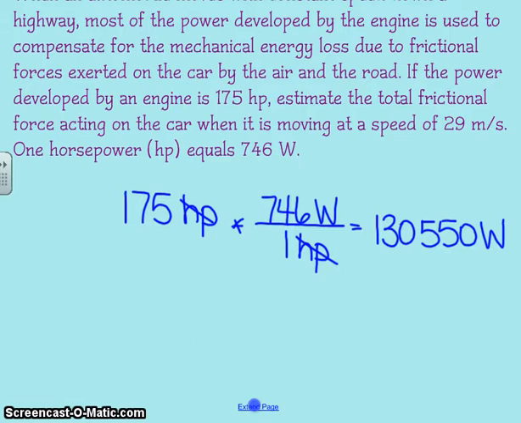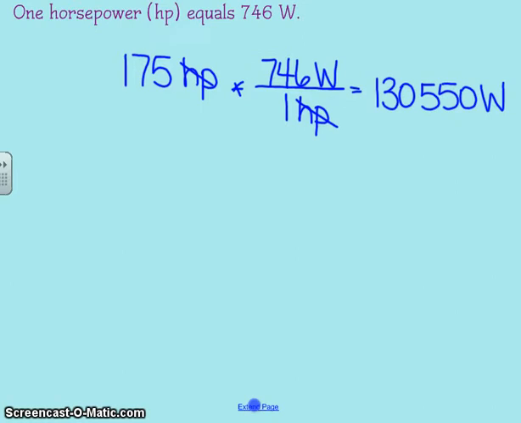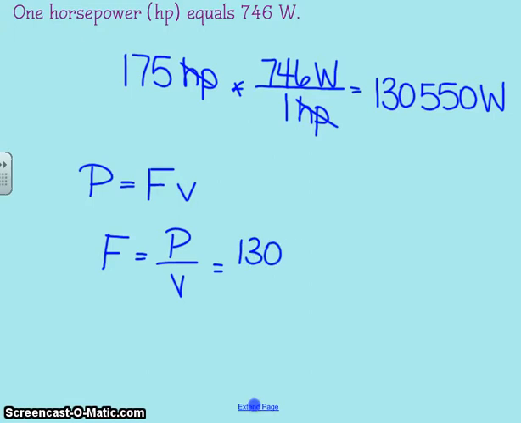And because we are looking for force, and it's asking that it's moving at a constant speed, I'm going to say that power is force times speed, which means force is the power divided by the speed, or 130,550 watts divided by 29 meters per second.